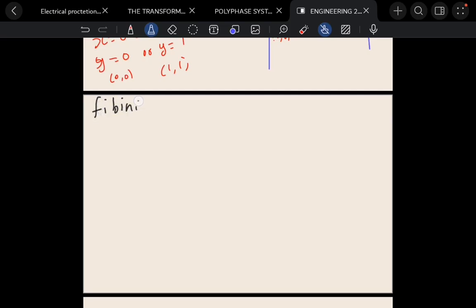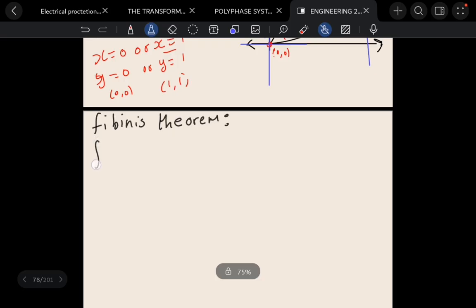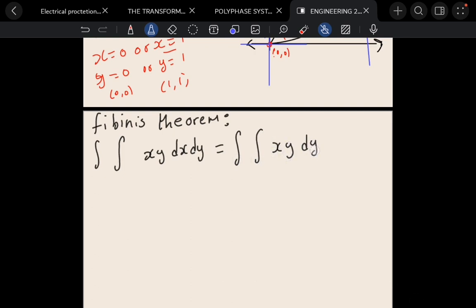Fubini's theorem, which means that the integral of xy dx dy is actually going to be the integral of xy dy dx, like that.